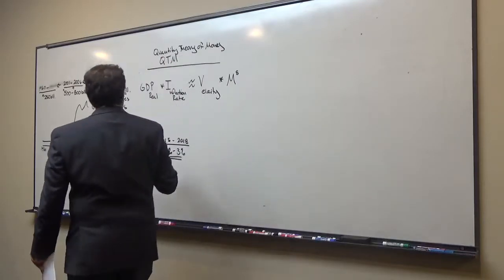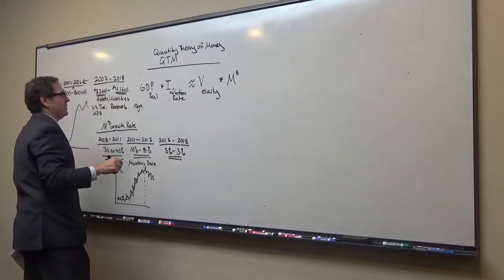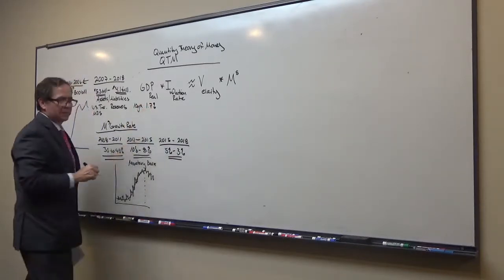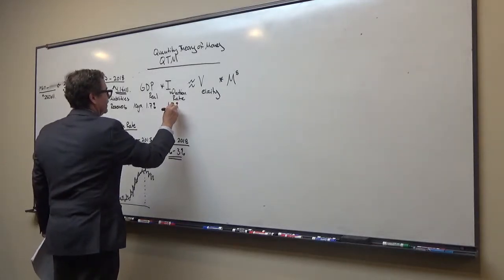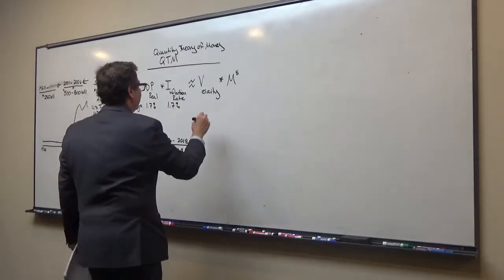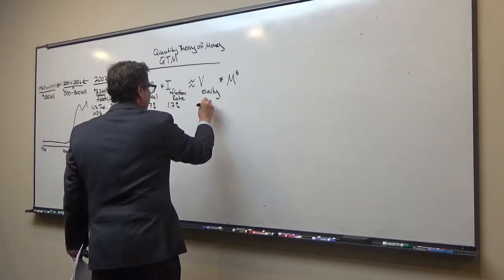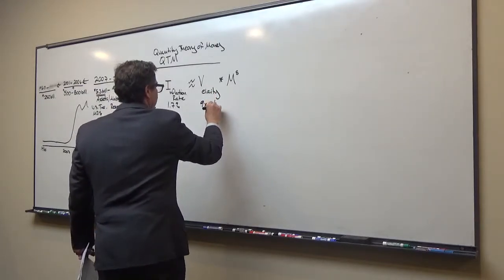So over the last 10 years, real GDP has basically grown at 1.7%. Inflation's basically grown at 1.7%. The velocity of money has dropped from 9 times to 6 times.